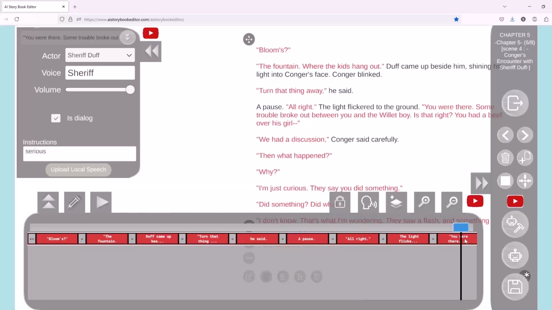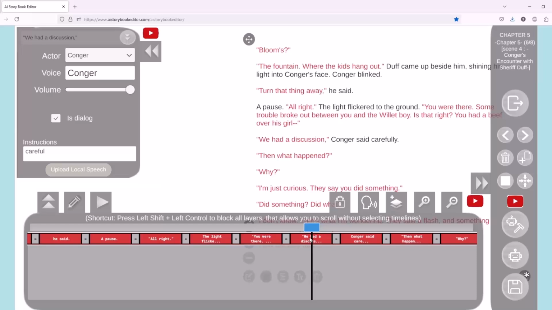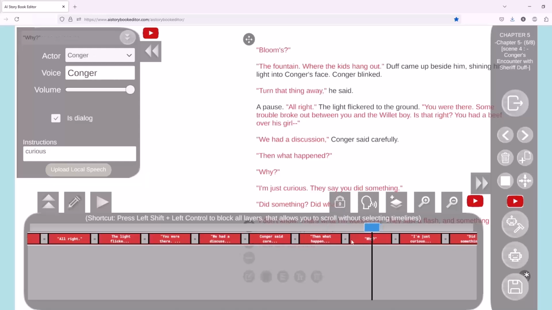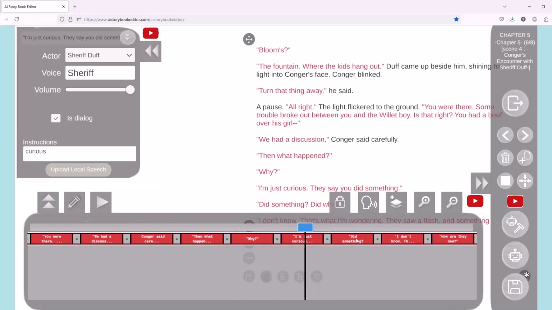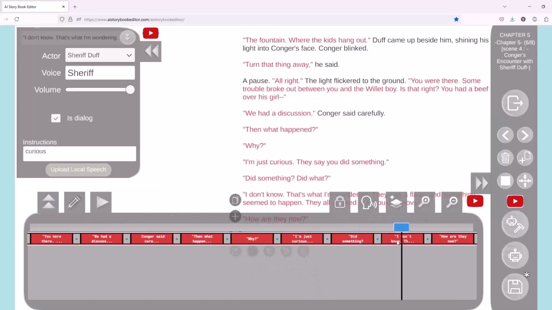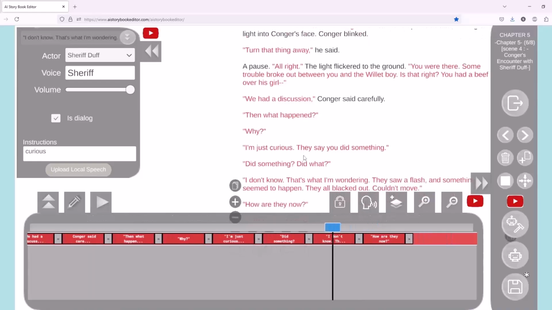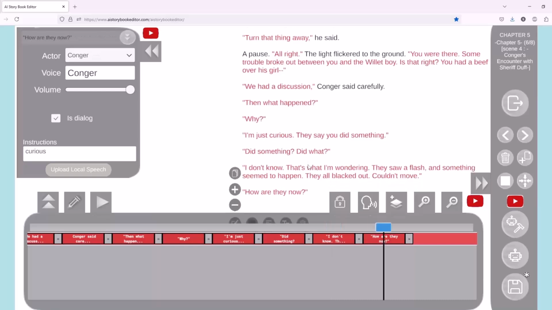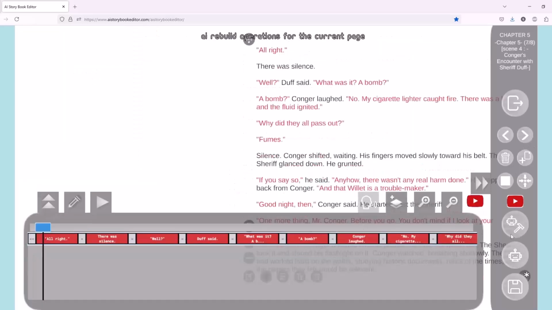Sheriff and sheriff. Conger. Sheriff. Conger.